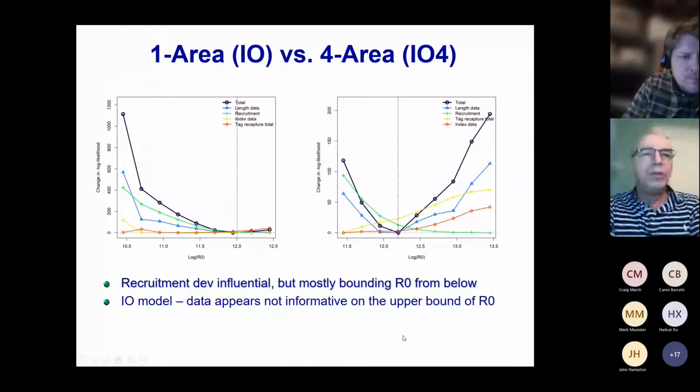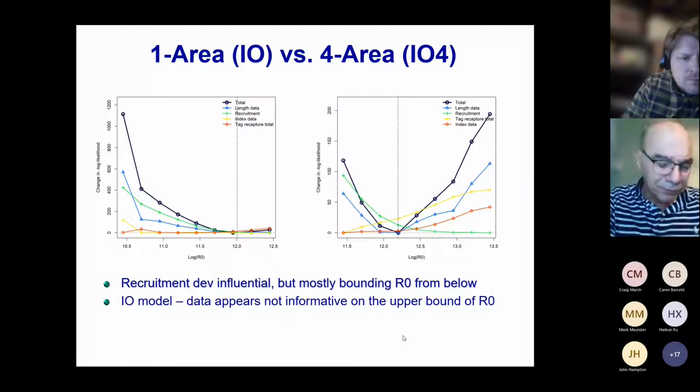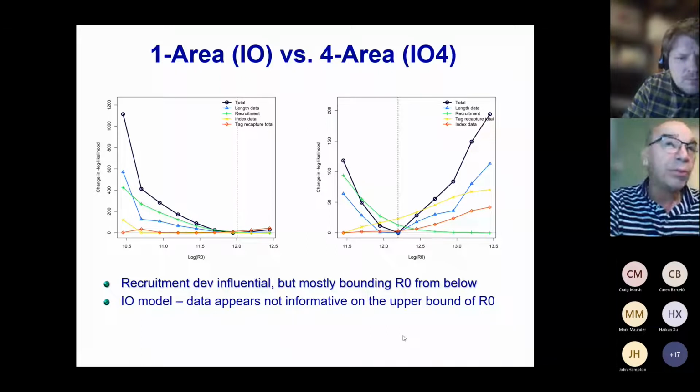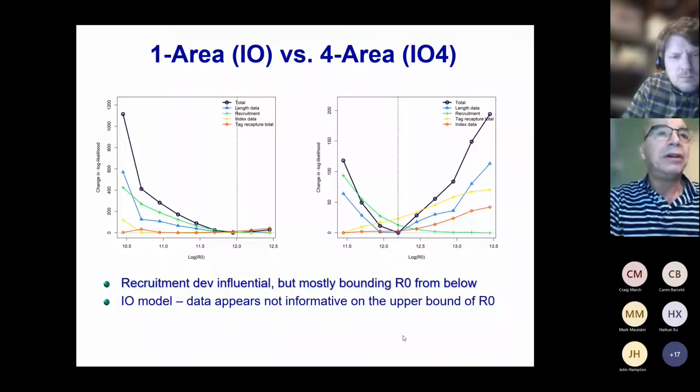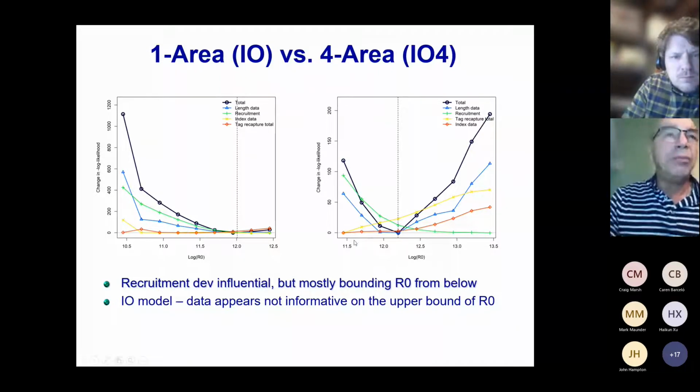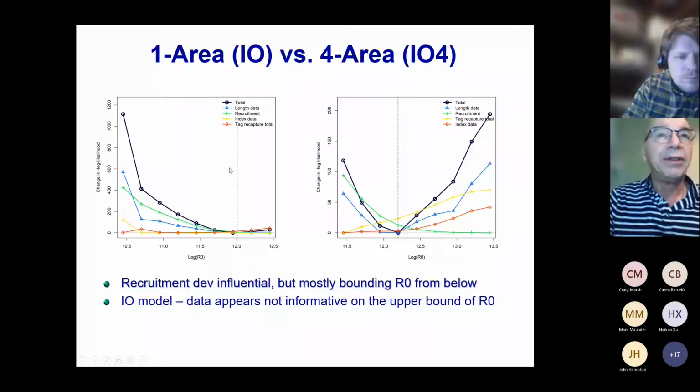We did some degree of R0 profiling, and in the 1-area model on the left-hand side, we see that the model tends to fit better towards the higher biomass trends, but it's pretty flat in that area as well.